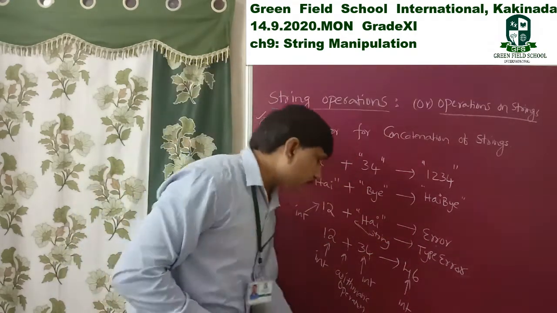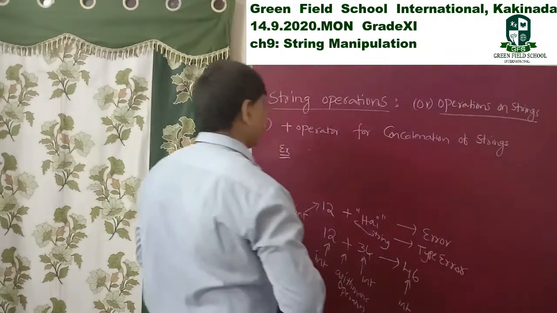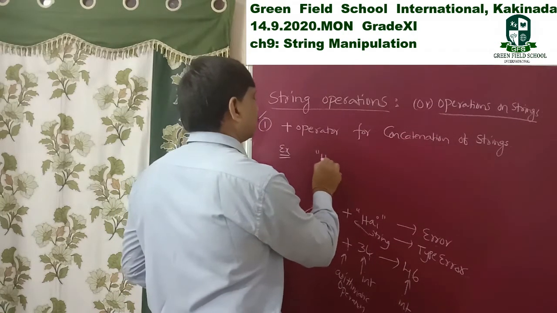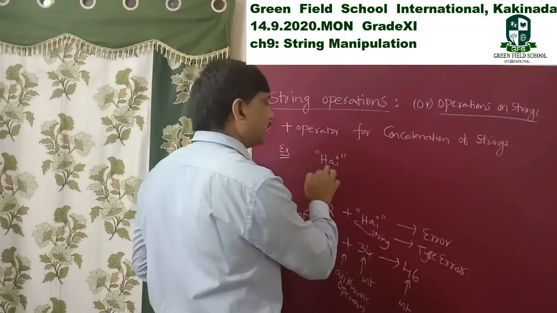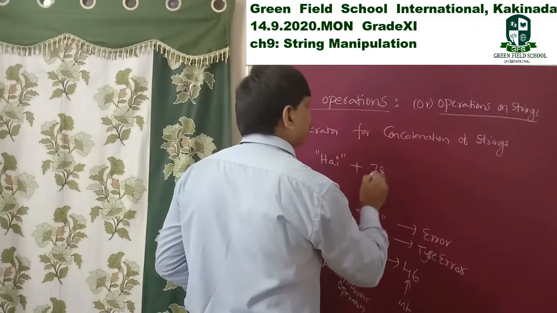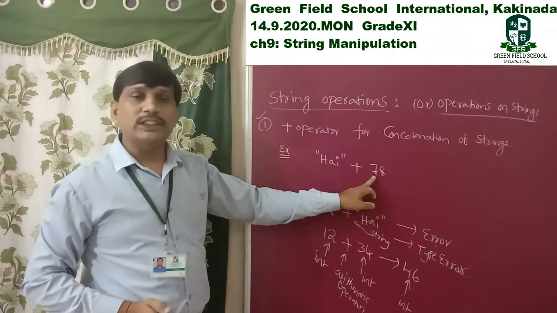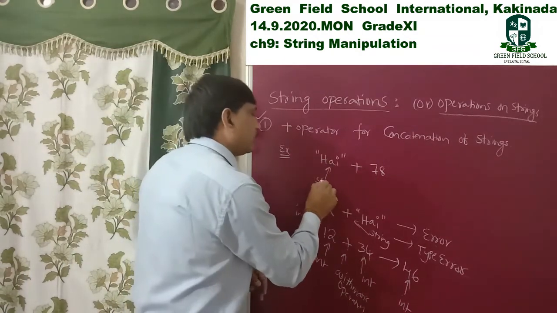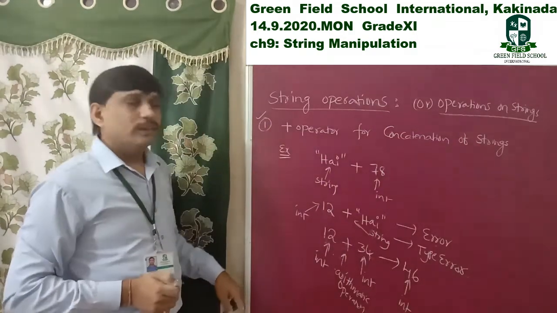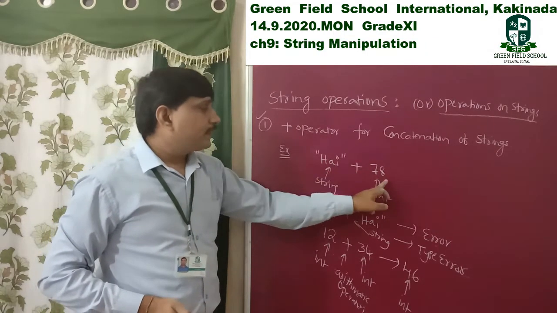I take one more example here. In this example I take first "hi" in double quotes. This one is a string. Second I take 78, and I do not mention double quotes or single quotes, so this one is an integer. We do not concatenate a string with an integer value.